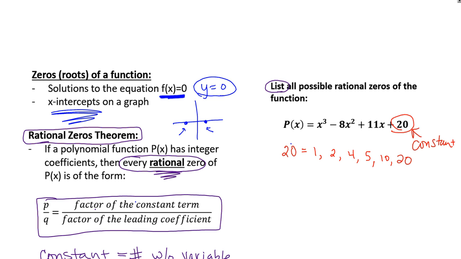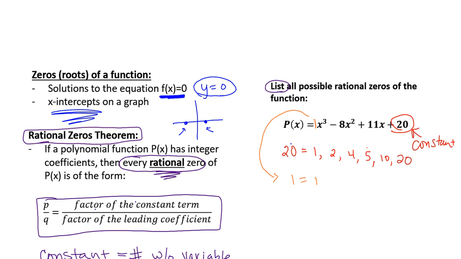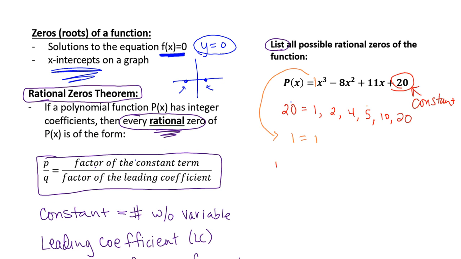Okay, now the leading coefficient is this guy out front, which is 1. That's always the best when the leading coefficient is 1. 1 only has one factor, it's a 1. So to compute, we call them the P's and Q's, right?